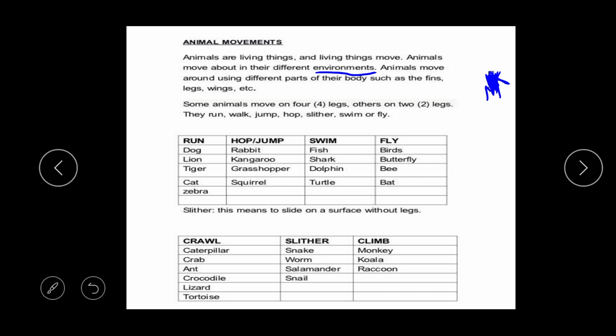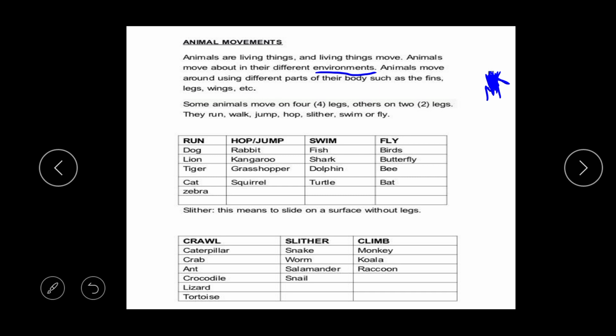So animals move around using different parts of their body. For example, a person, a human being, is a living thing, and you move around with your legs. The same thing applies to animals.